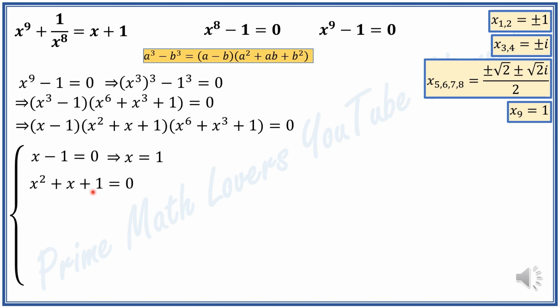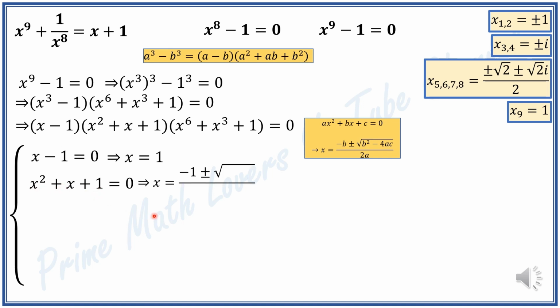x squared plus x plus 1 equal to 0. This is a quadratic equation. For solving it, as mentioned before, we use the quadratic formula: minus b plus or minus square root of b squared minus 4ac, divided by 2a. Here a is 1, b is 1, and c is 1. So x will be equal to minus 1 plus or minus square root of 1 minus 4, divided by 2, or minus 1 plus or minus square root of minus 3, divided by 2.